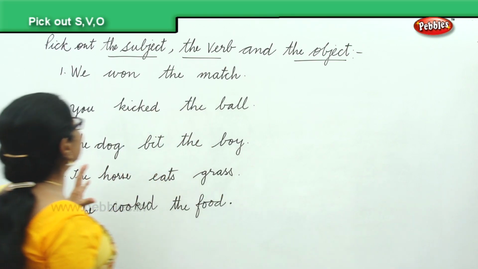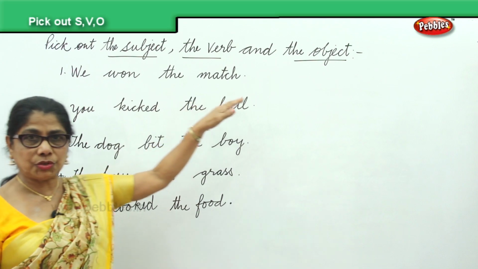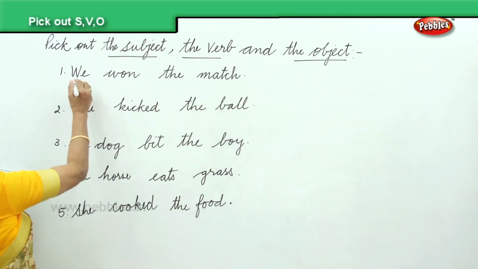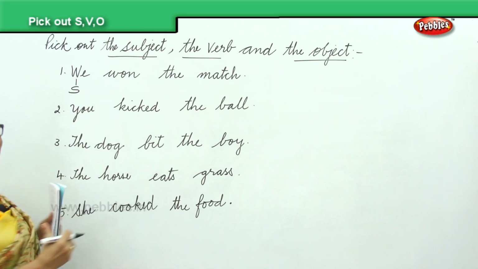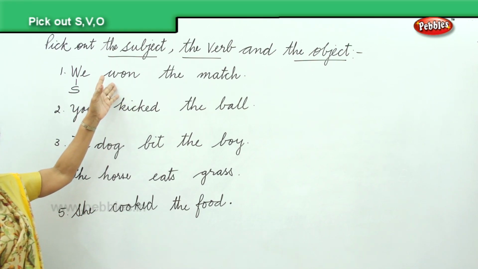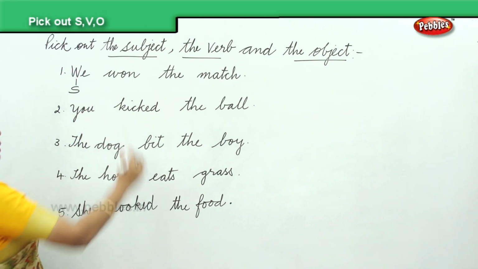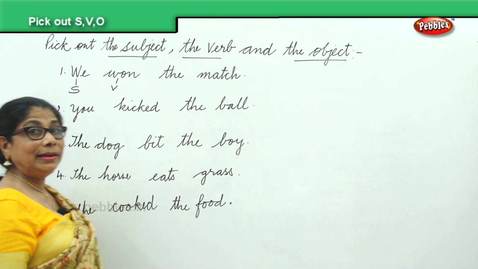Now, let's look at it. We won the match. So we will write S for the subject. Okay? We. Won, that is the action word, and that's a verb. And what did you win?